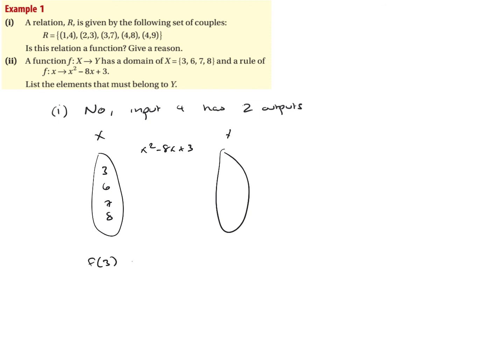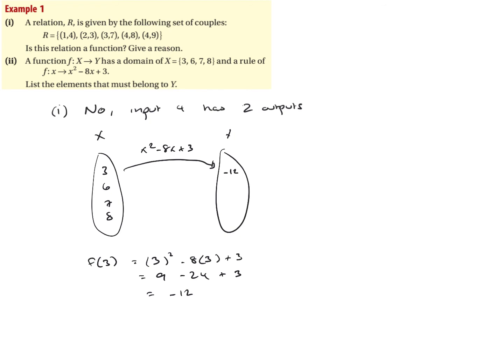If we put f of 3, we're going to get 3 squared minus 8 by 3 plus 3. Work that out, we get 9 minus 24 plus 3, and that's equal to minus 12. So we can put minus 12 there, and we can put the arrow going across to show.